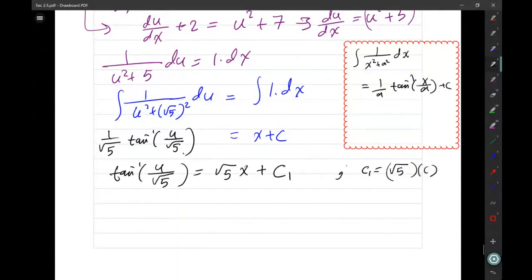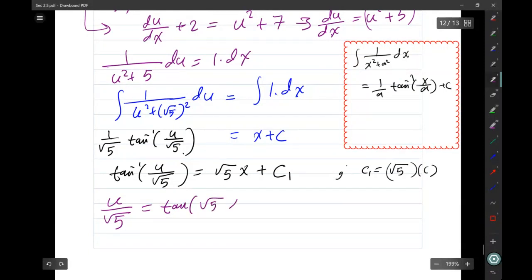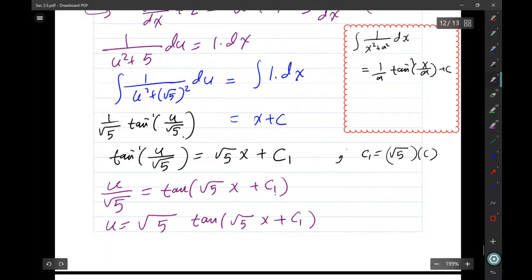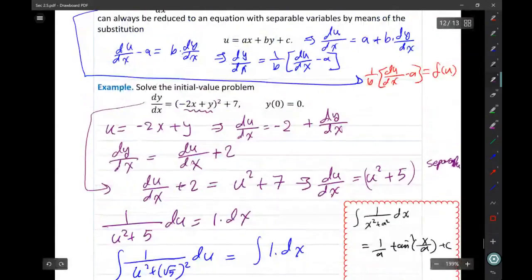Now take tan for both sides. It becomes tan of tan inverse, which will go. Here you will have u divided by square root of 5 is equal tan of square root of 5 times x plus the constant c1. So the value of u here becomes square root of 5 times tan of square root of 5 times x plus the constant c1. Replace u. What is the value of u here?